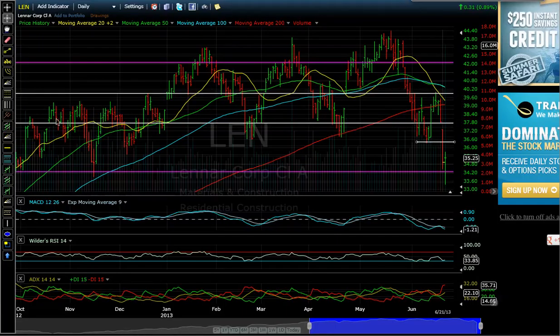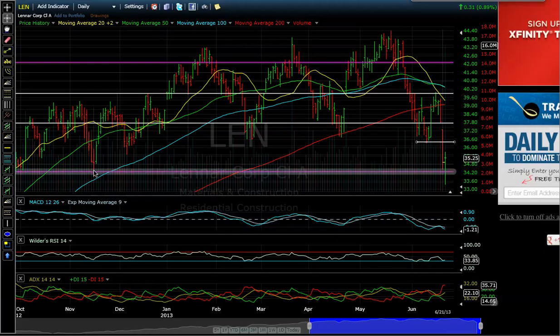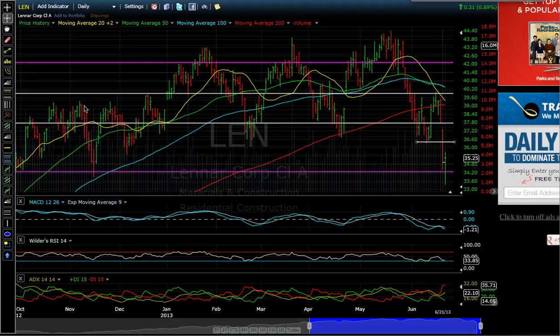Look at that, right here. Buy it again. Now you're back above the level that you sold, if you would have sold at this level. This can actually hold a really nice resistance point.